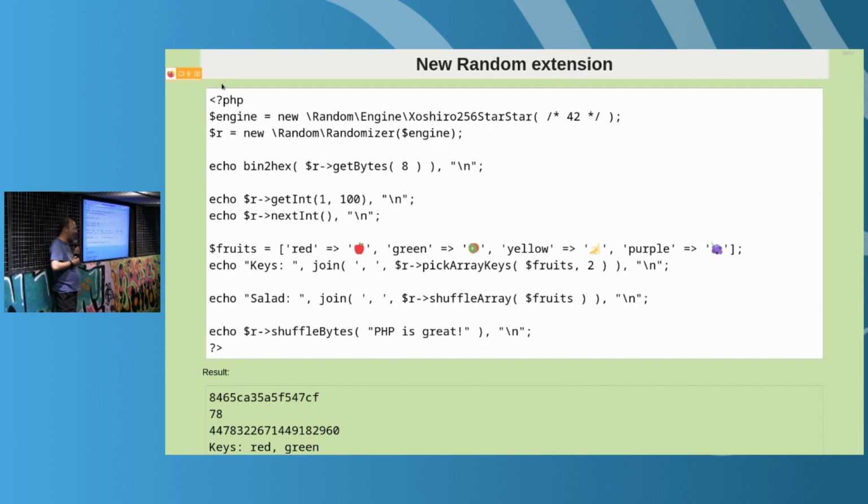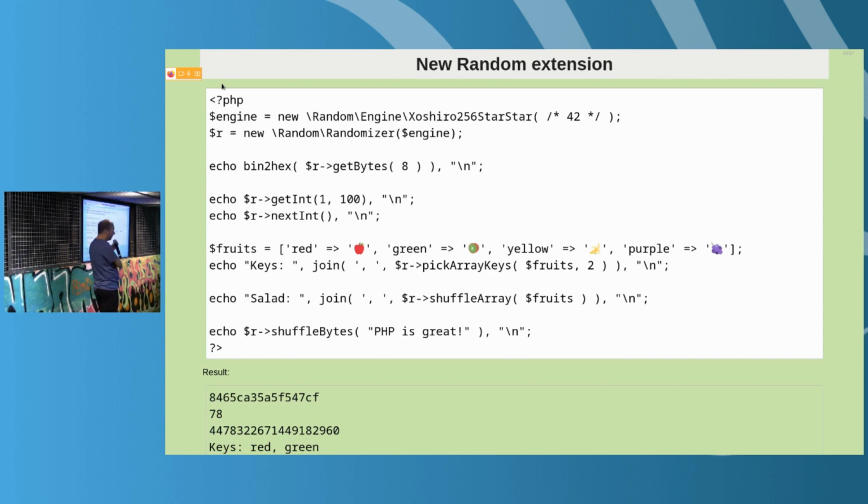The one that PHP already had is called a Mersenne Twister. Again, look up what it is, if you want, because I don't remember anymore. But it isn't particularly very good for certain use cases. Neither of these are cryptographically strong, by the way. But there are better engines such as, I can't even pronounce it, Xoshiro256StarStar. More stars is better, apparently.